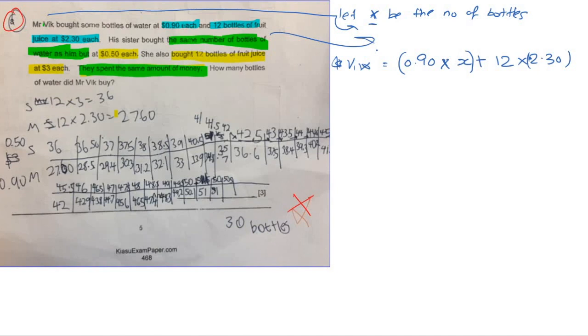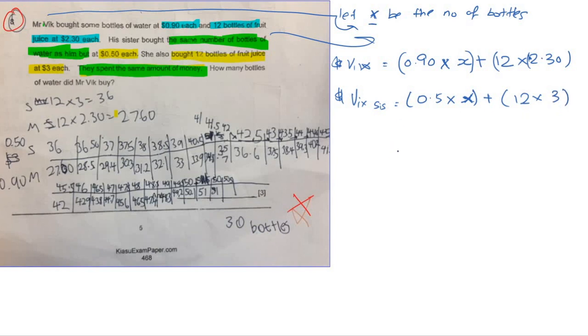Because I know the money is also the same, the sister spent 50 cents times X. X is the number of bottles, because they have the same number of bottles. Plus 12 bottles of fruit juice at $3 each.